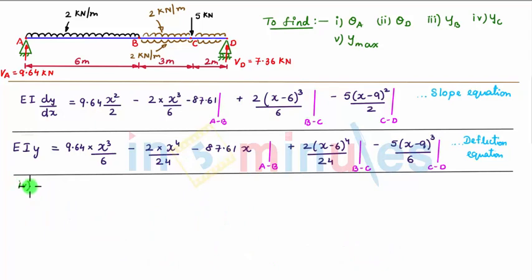Next we find slope at point C, that is YC.